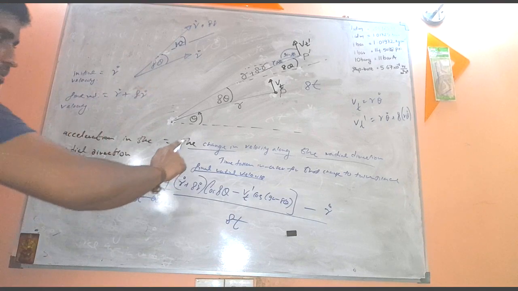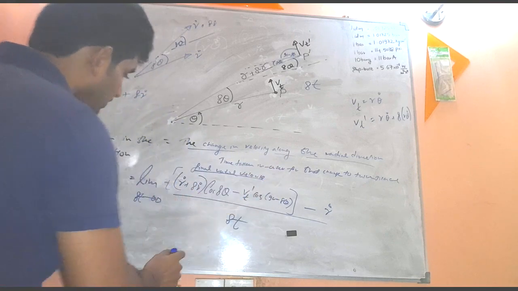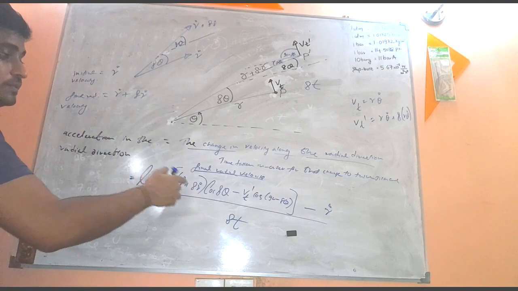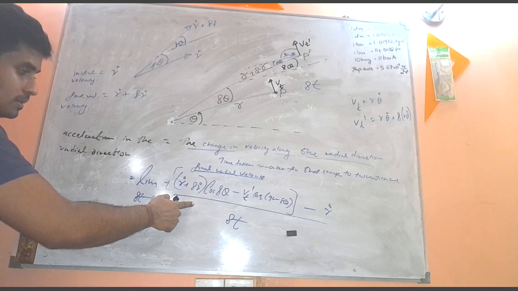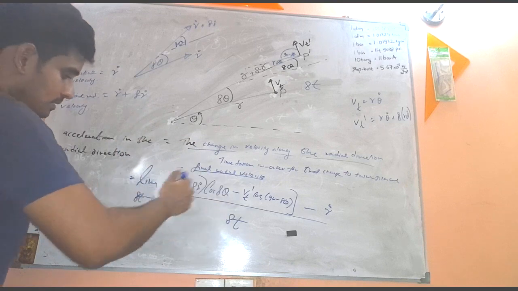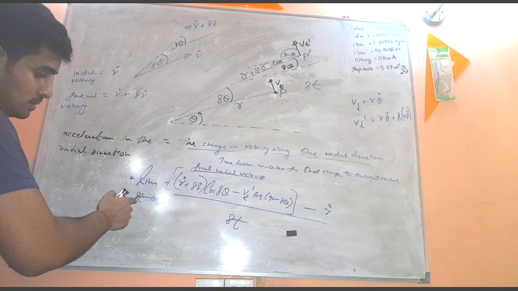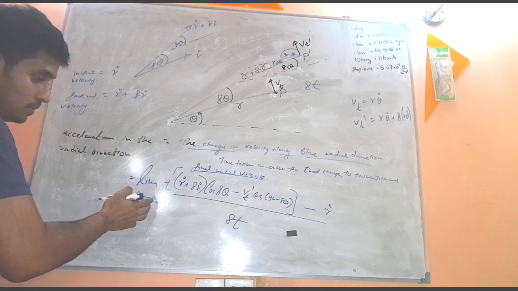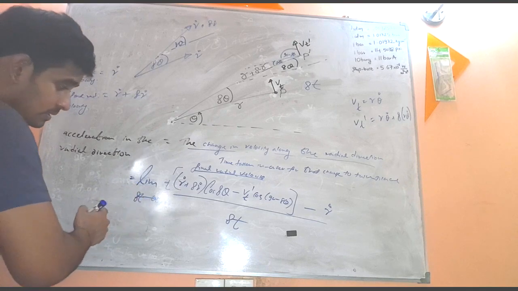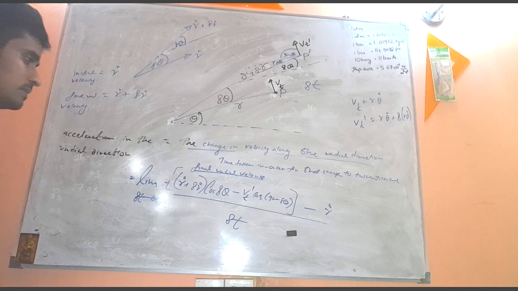Change in velocity, then the components, then you have to take the limit of this whole statement, because we have to consider delta t tends to 0. So now let's solve this.